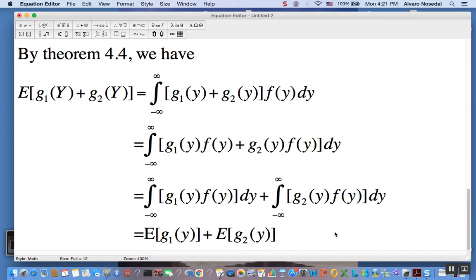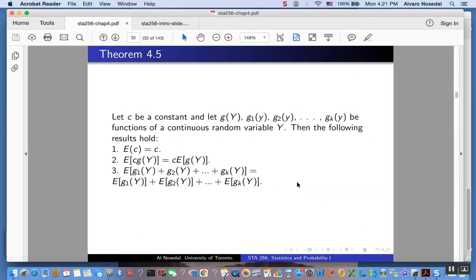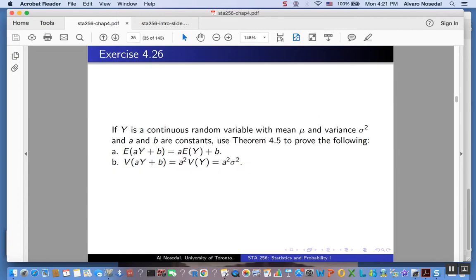Great. Now, I would like to do an exercise with you that is going to be also useful. So we have a continuous random variable y with mean mu and variance sigma squared. And we also have two constants a and b. Okay? So now what we would like to show is that the expected value of a times y plus b equals a times the expected value of y plus b.